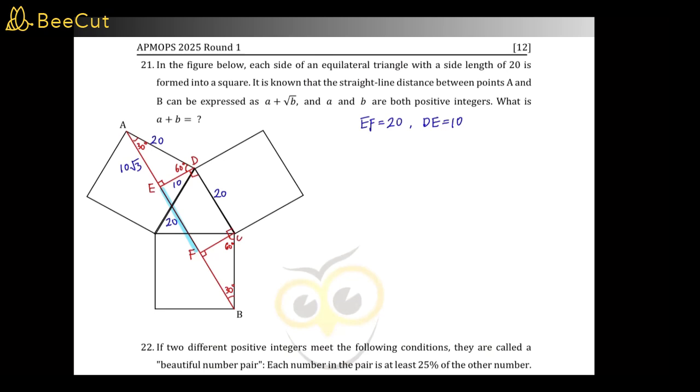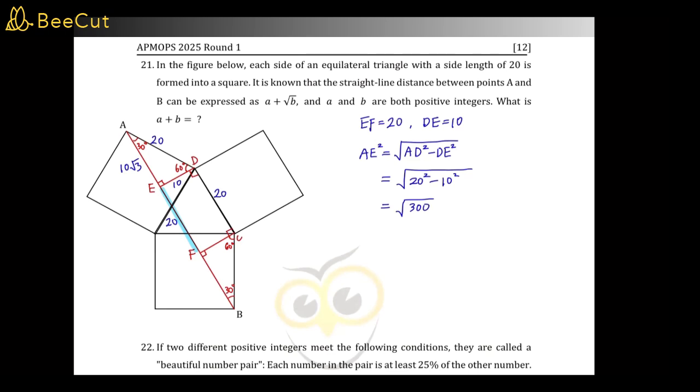Let's write it down. This part AE square equals AD square minus DE square. So that's 20 square minus 10 square. That's 400 minus 100, which equals the square root of 300.